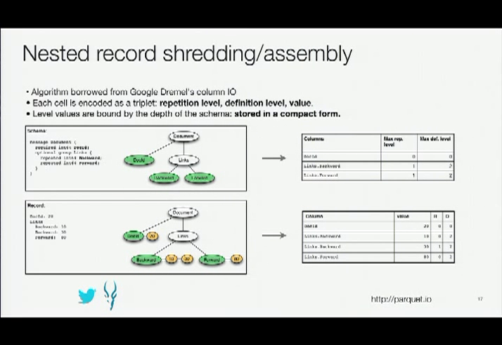I won't have time to explain in detail how that works, but I will give you some information on why it is efficient. We don't store only the value in each column. We store a triplet: the value plus 2 integers, which are the repetition level and the definition level. The definition level and repetition level capture the structure of the record.